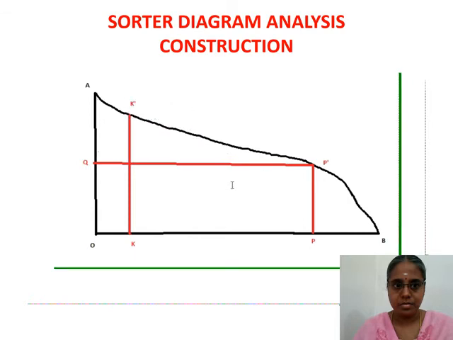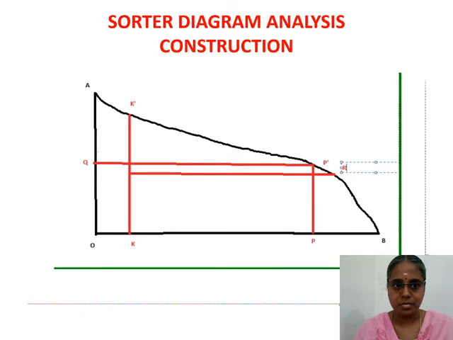So K dash. From K dash, take a midpoint. From there, draw a perpendicular to OB which touches the curve at R dash. Hope you are using a scale.